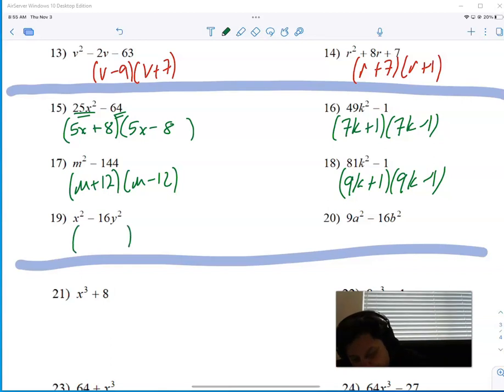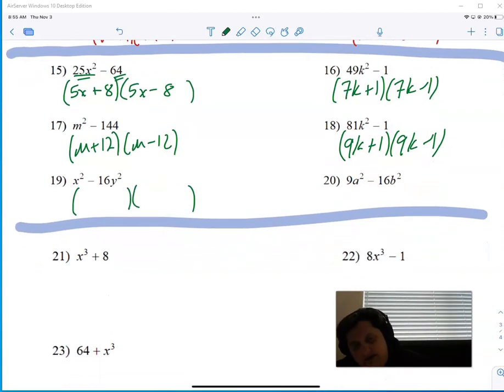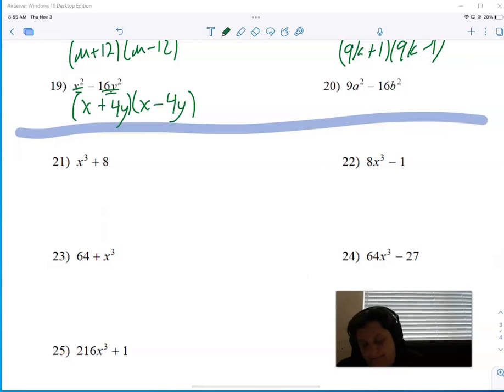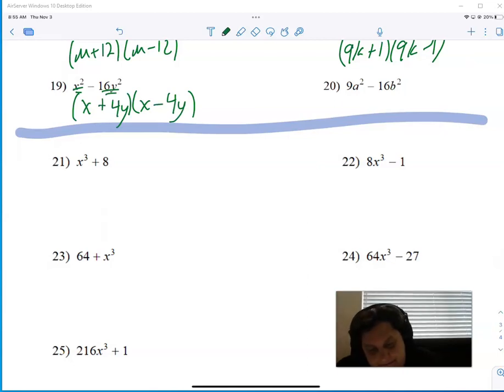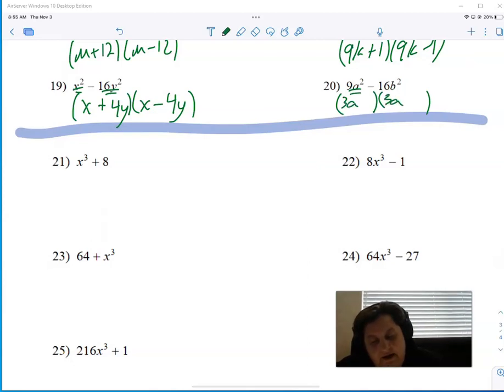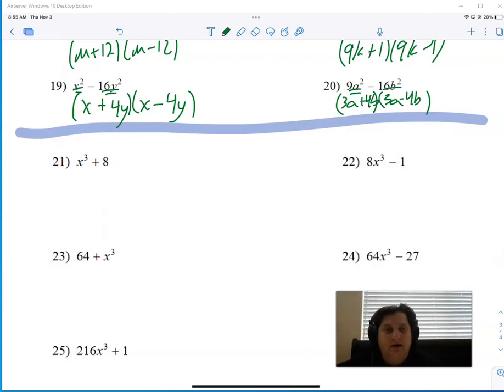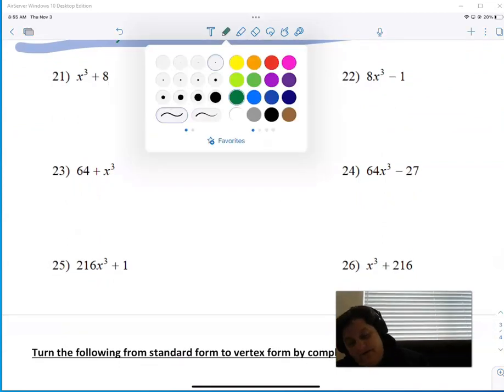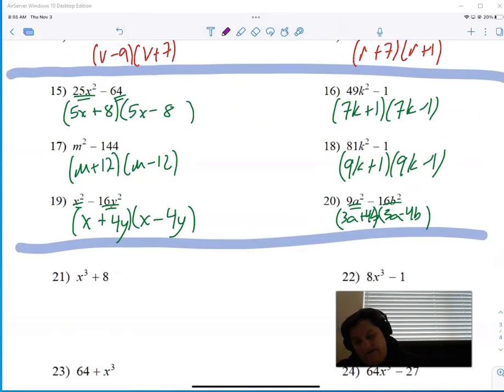This goes to, now look, there's some extra letters, x squared is x times x. A squared is, 16 squared is, plus 1 minus 1. All right, and then I have some cube patterns.